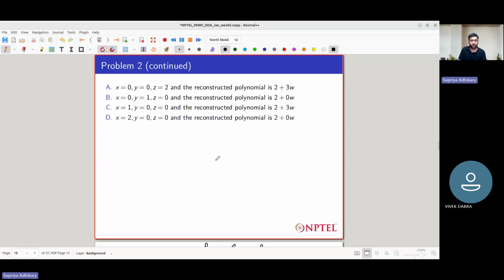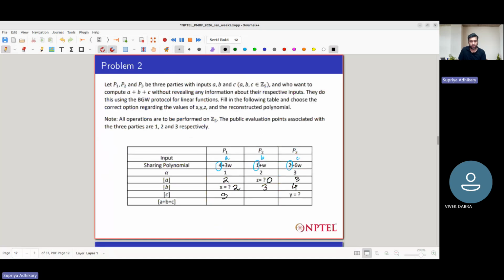And finally, we have 3, 4, and 0. So these are the shares. That means the X, Y, and Z values are respectively 2, 0, and 0. So we have found out those values.